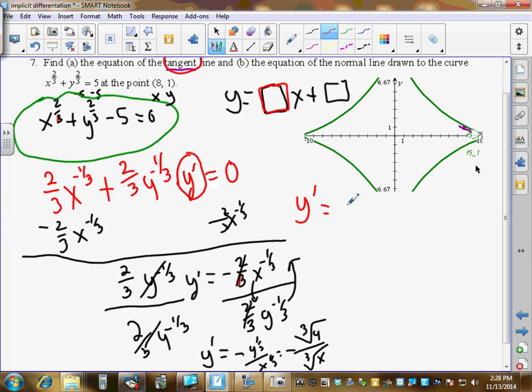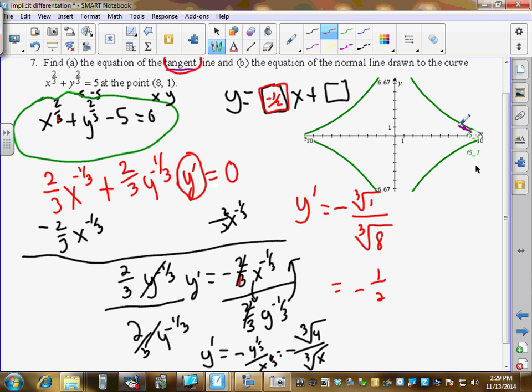So y' is negative cube root of y over cube root of x. y is 1, x is 8. The cube root of 1, the cube root of 8 is 2. So the slope of our tangent is negative 1/2.